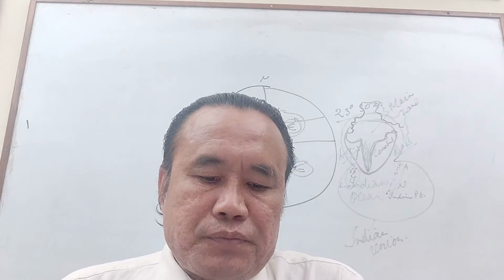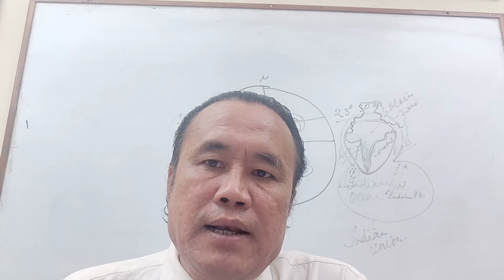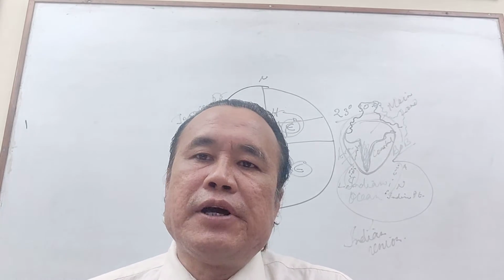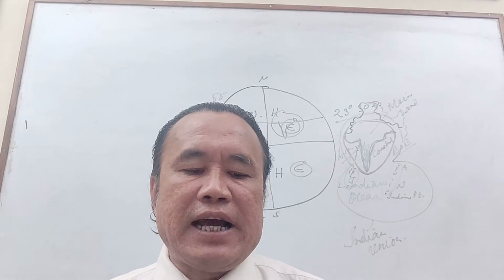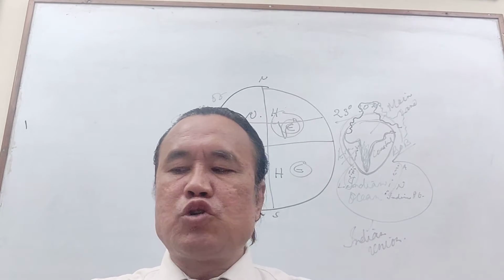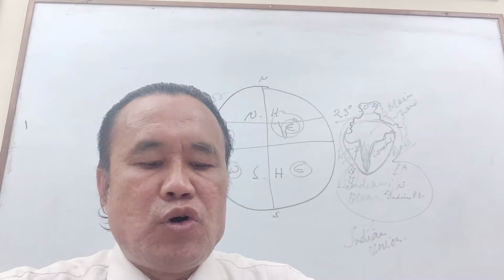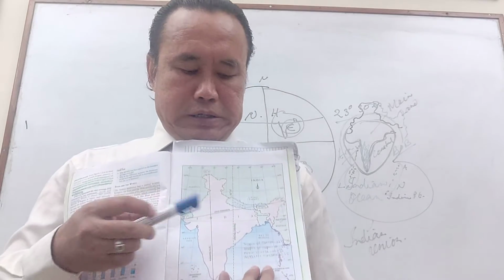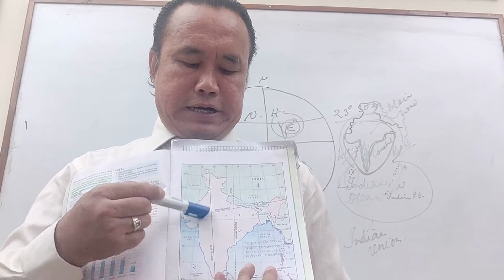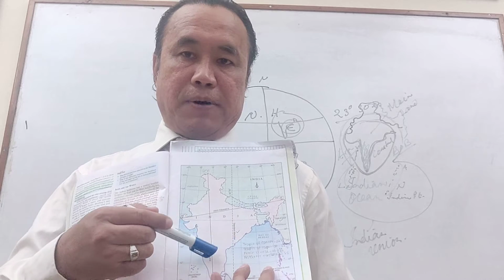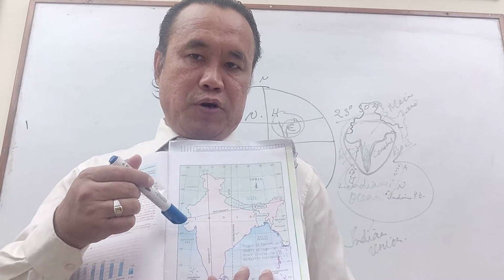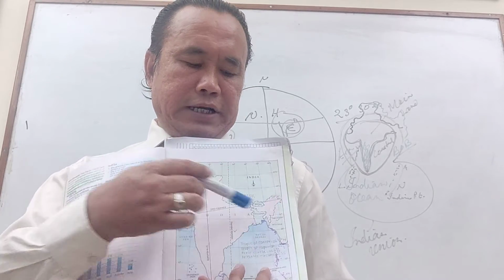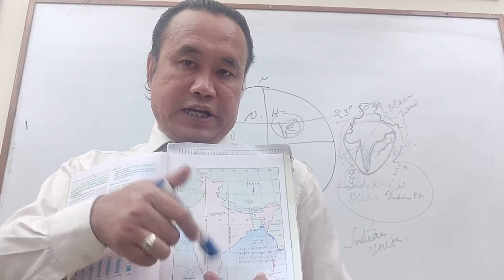Now, the latitudinal and the longitudinal extent of India is about 30 degrees. But despite this fact, the east-west extent appears to be smaller than the north-south extent. That means what? If you look out here, from here to there, all this will be about 30 degrees only. But if you look at the map, this west to east extent looks smaller than this.